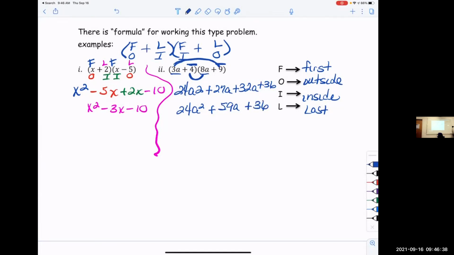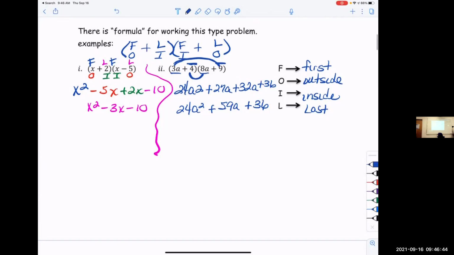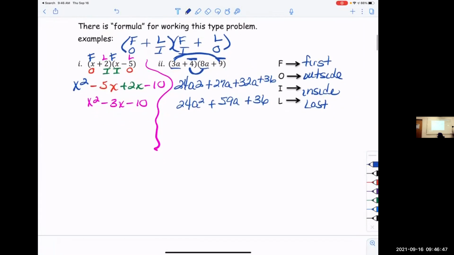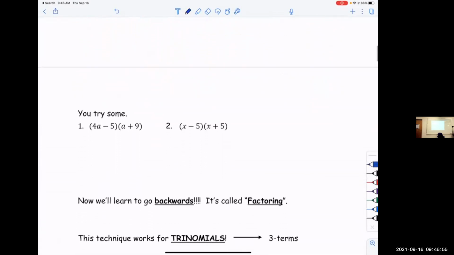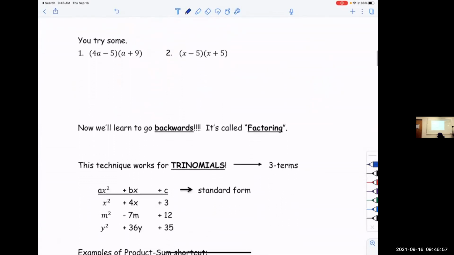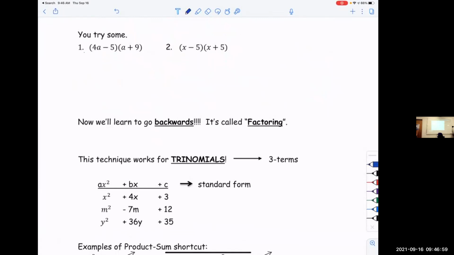And there you go. So that's just multiplying. You use either method and do these two before we add on. Make sure we're solid before you move on.